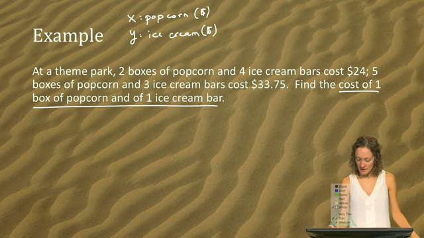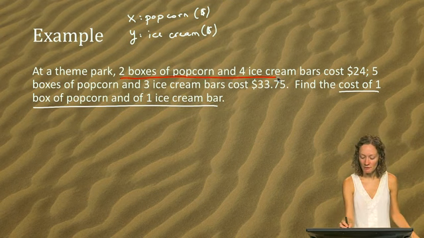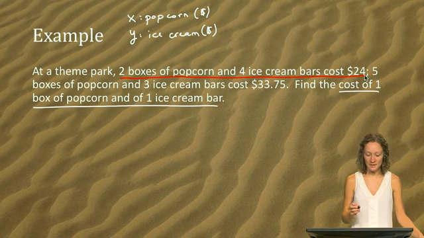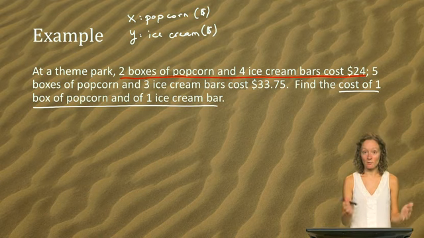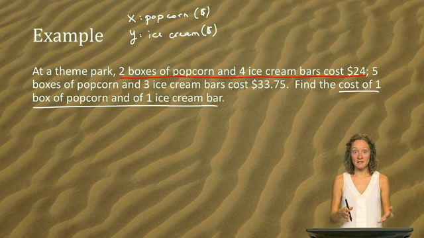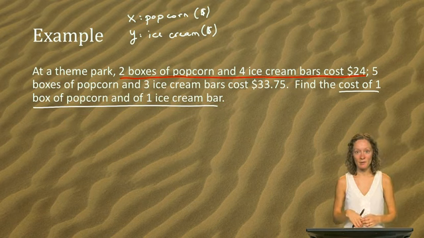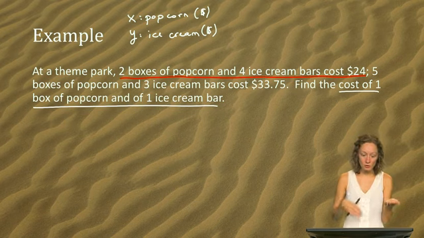The first scenario, 2 boxes of popcorn and 4 ice cream bars cost $24. So how do you set that up? 2 boxes of popcorn, what does that look like? We don't know what a box of popcorn costs, but if we knew that it was $10, and I said, go buy me 2 boxes of popcorn, how much money are you going to need? 2 times 10.